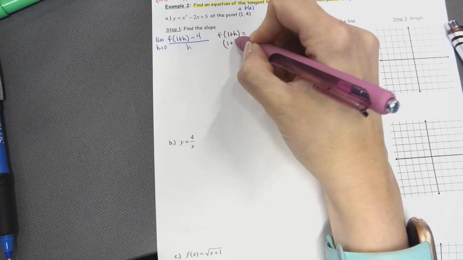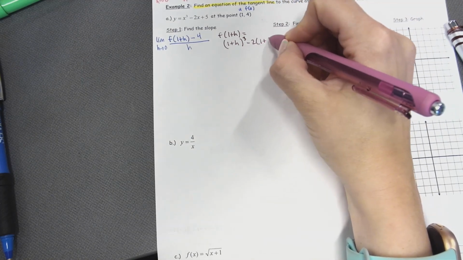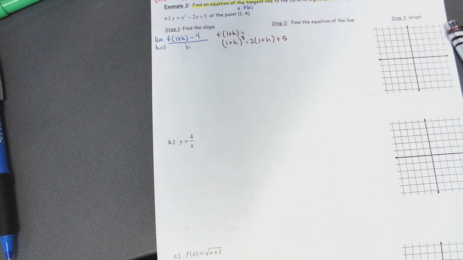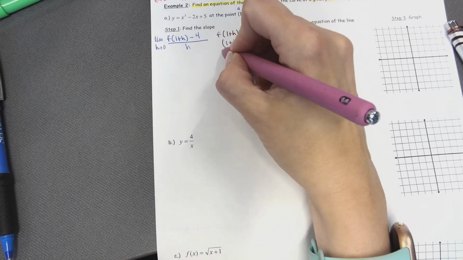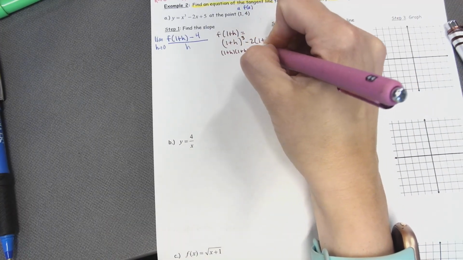Okay, so 1 plus h to the third minus 2 times 1 plus h plus 5. So if we're doing 1 plus h cubed, I like to just write that out to take care of that.